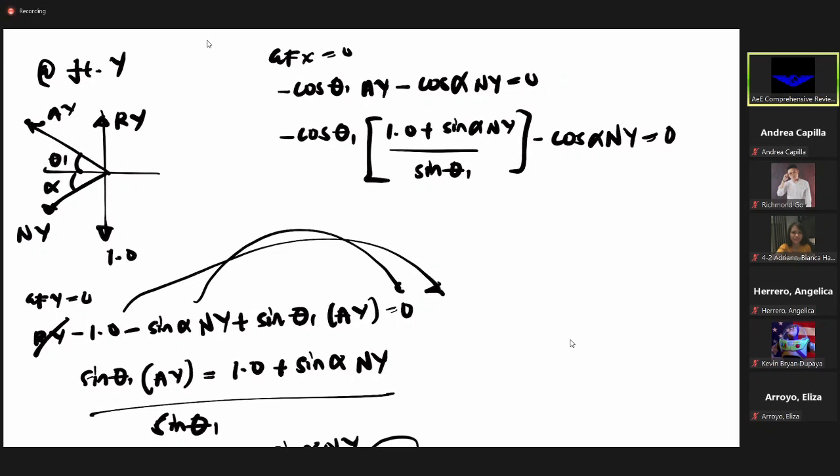So ano yung value ng NY ko pag shape solve? No? So meron kang value ng theta sub 1 that is what? Store B, alpha, store A. Tama? Ayan. So pwede ka mag-shape solve.